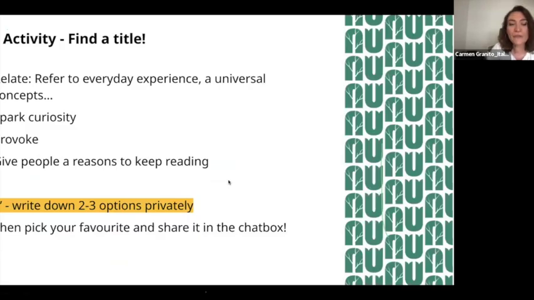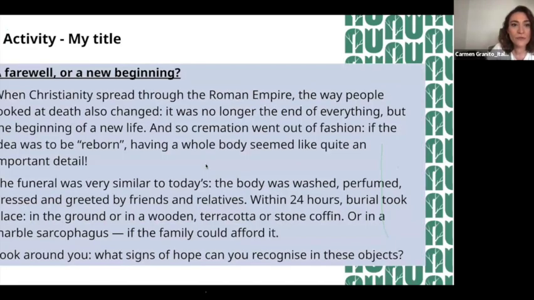This is something that you actually already did. The final activity was to find a title. A lot of you have already done so in your exercise. Actually, you started with those in a lot of examples that you shared. So you can use titles again to spark curiosity, to provoke, etc. My reformulation was not very far from the strategies that you decided to take.